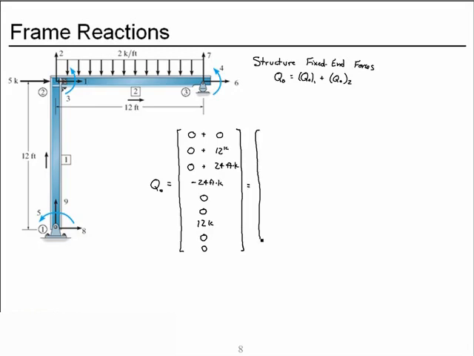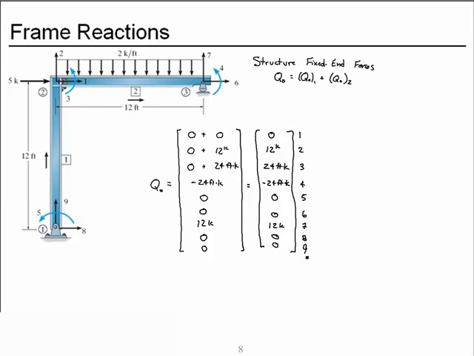We'll add them up. 0 plus 0, 0 plus 12, 0 plus 24, and then we had the negative 24 foot kips, the 0, 0, 12 kips, 0, and 0. And I'll label our degrees of freedom so that we can find the parts we need more easily later.